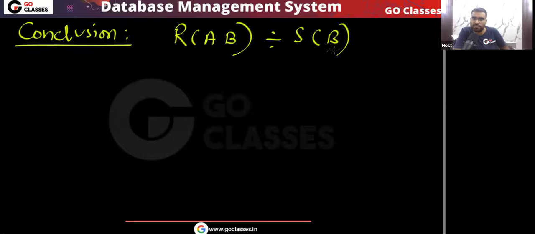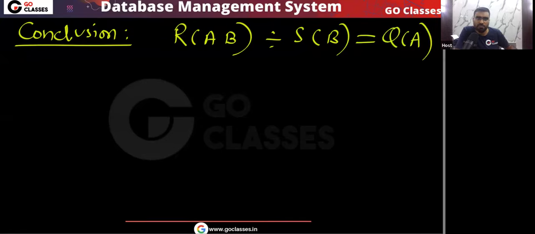See, you have R which has AB, divided by S which has B. You already know the result: it will be Q which will have A values. Now remember how to find these A values. It is very simple.